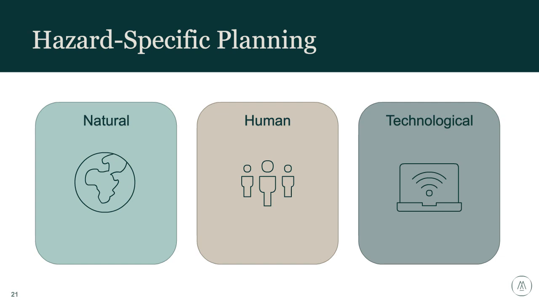And finally, thinking about the technology piece as well, IT disaster recovery and business continuity are very closely linked. They are separate disciplines, but they are intertwined, and so they should be considered and coordinated in any circumstance where you're thinking about hazard-specific planning.